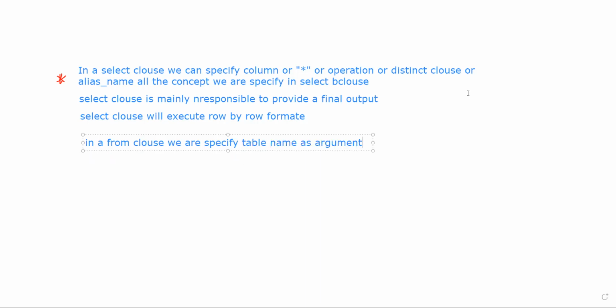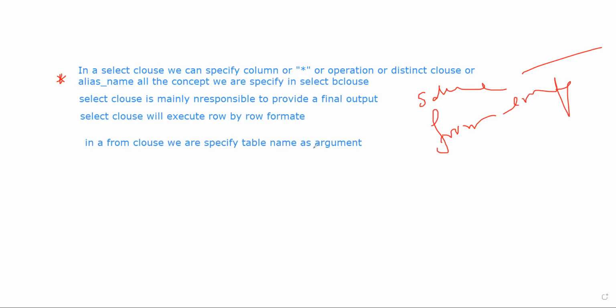From employee table, right? See, the select clause is there, and from employee table. So in a from clause, we specify table name as an argument. Okay.